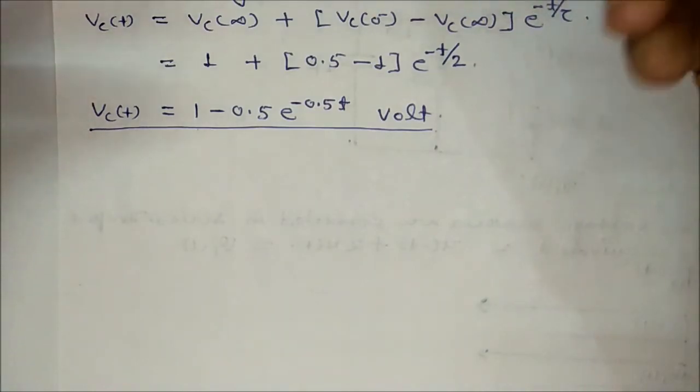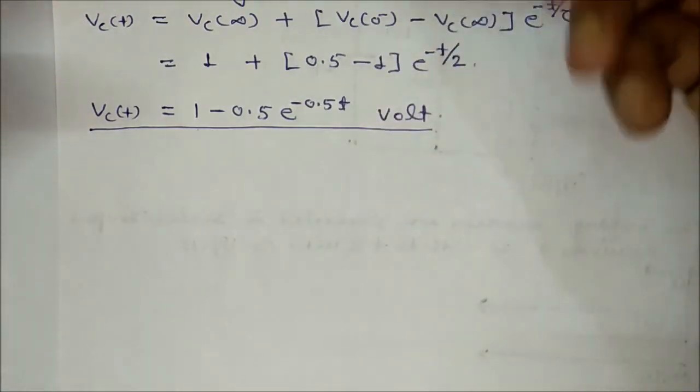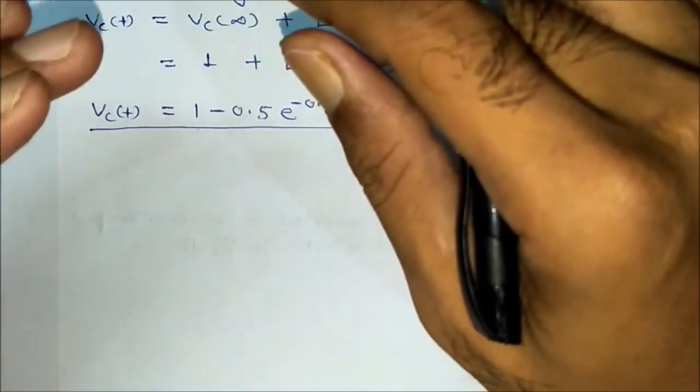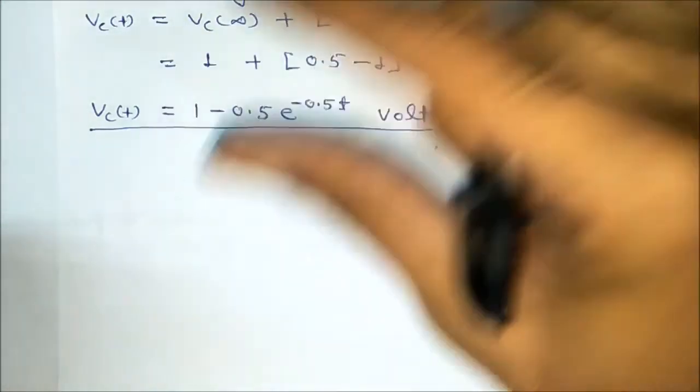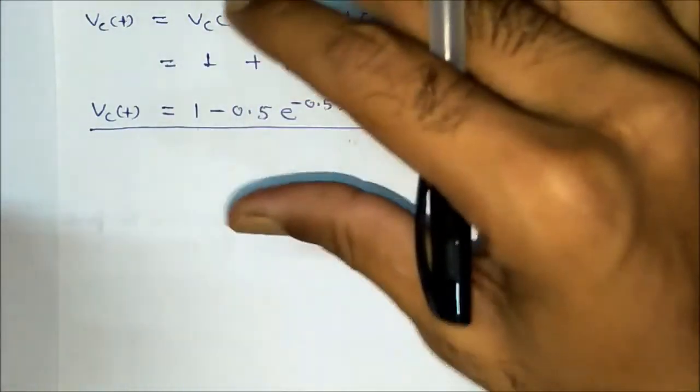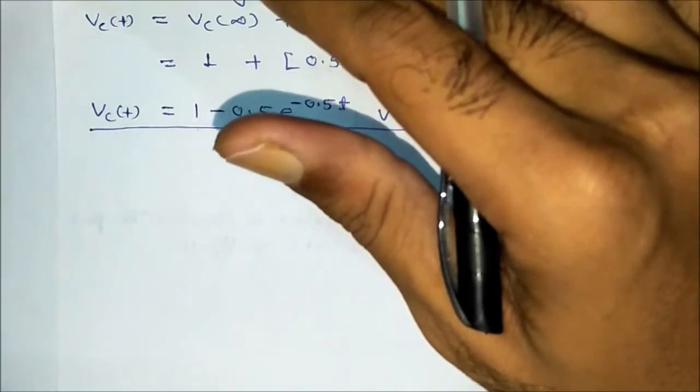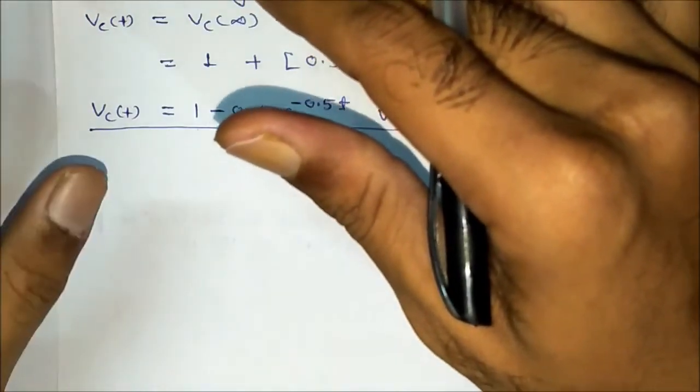Please strictly follow these steps, as they are going to be very helpful. You have already seen that in every problem I have used all those 3 to 4 steps we discussed at the start of the first order RC circuits.